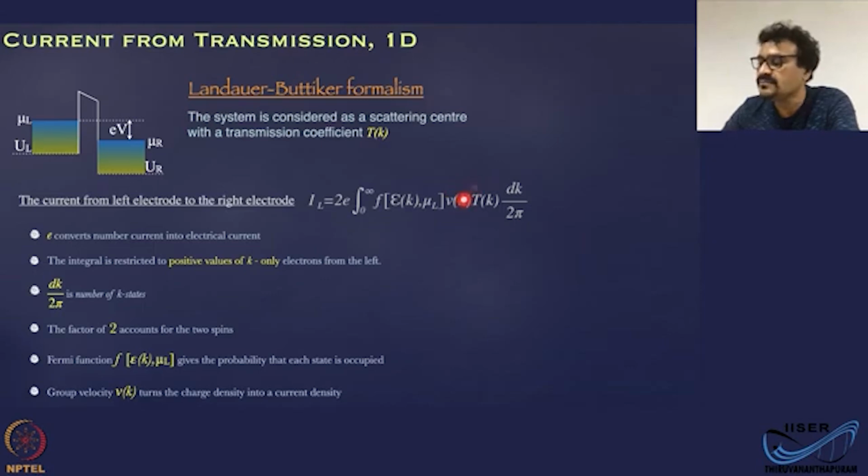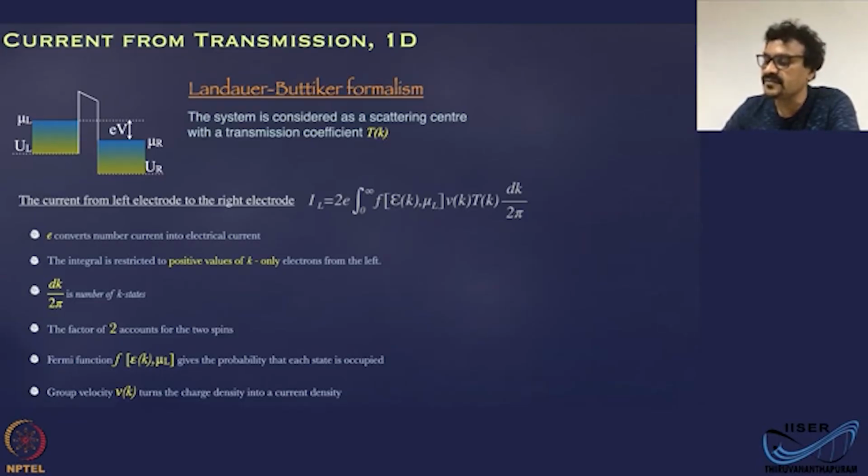vk is the group velocity for the state k. Tk is the transmission coefficient for the state k, and F is the Fermi function for the left electrode. So what is the occupation of the state?